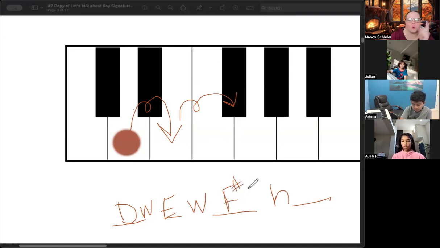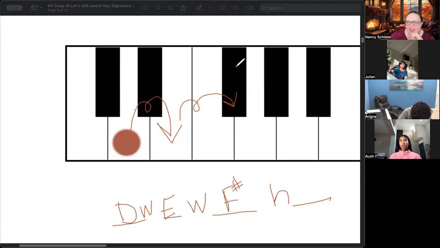Very good. Why is it F sharp instead of G flat, though? Keslin, do you know? Because it's the right side of F. It is. But why do we say F sharp instead of G flat?